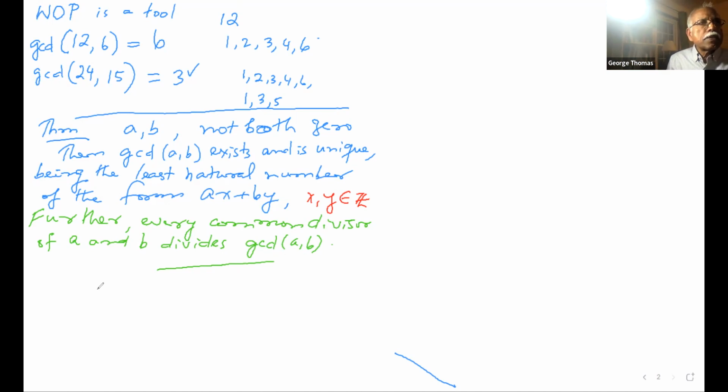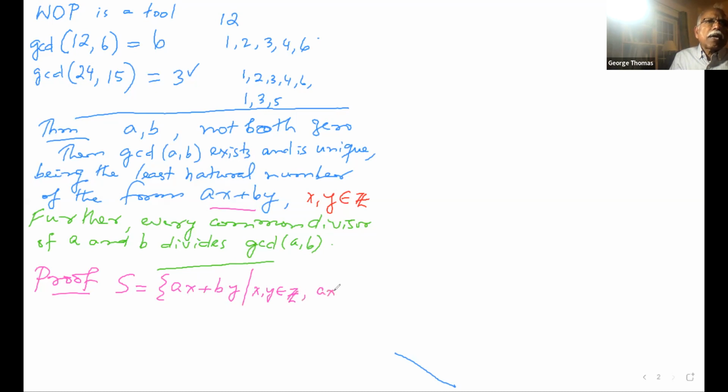Okay. We are given two numbers. Like before, we are going to construct a set, let's call it S. This time, what we want are numbers ax plus by, where x and y are integers, and ax plus by is greater than 0.